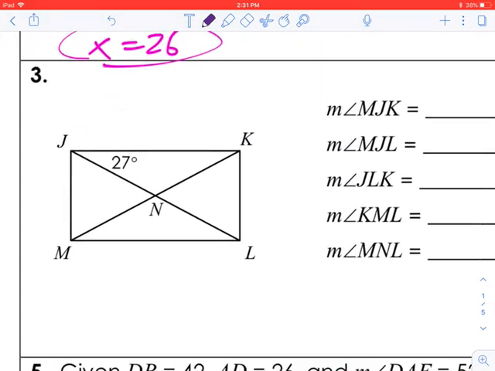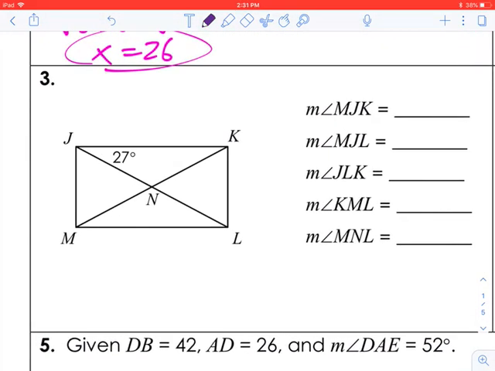Okay, so again, think about opposites here. If this is 27, the opposite is going to be across the diagonal, which is here. So that's 27. Remember the diagonals are equal, so their opposite angles are equal, which means 27 is going to be the case for all of these inside angles.